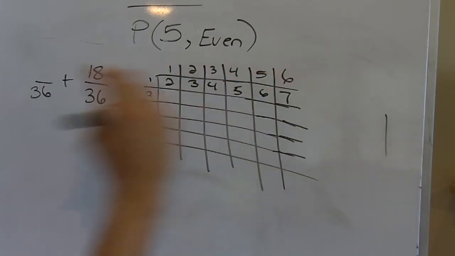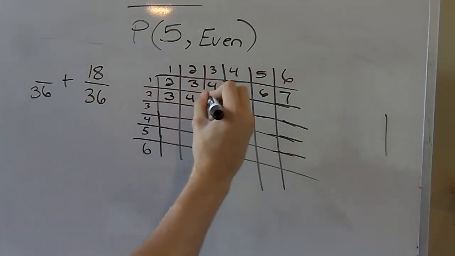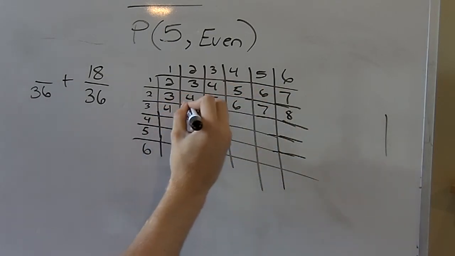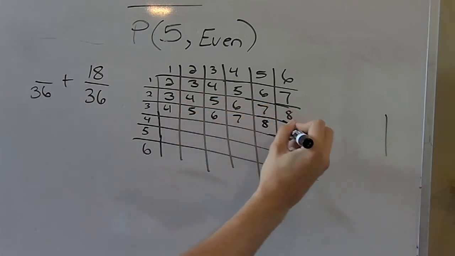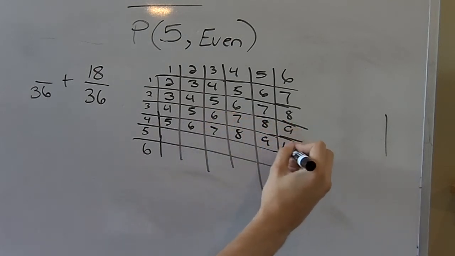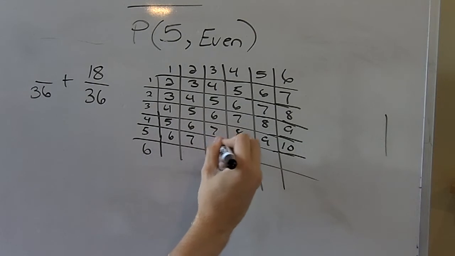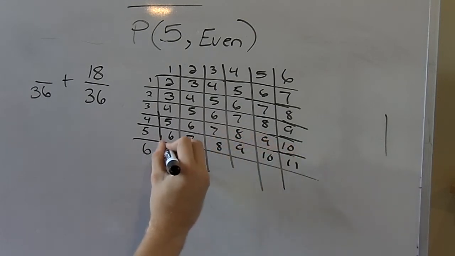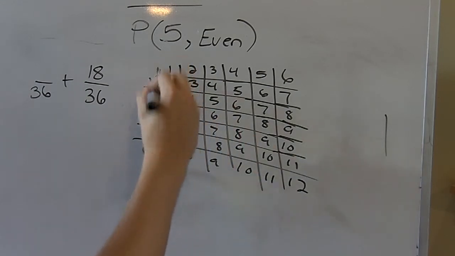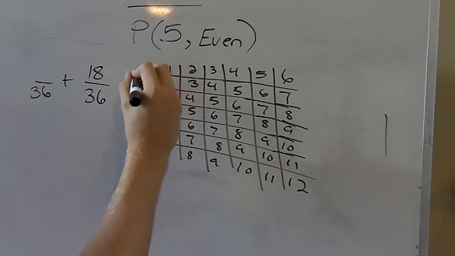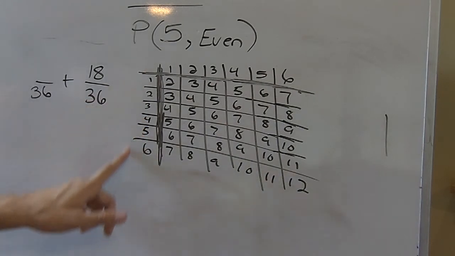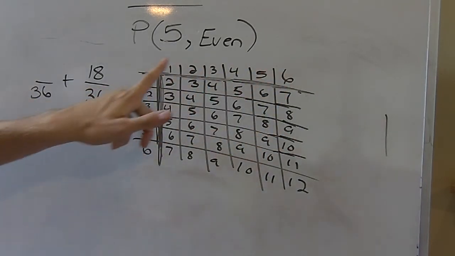You fill out the chart. You're going to start to notice a pattern. So what I'm doing here is I'm kind of bolding this line just to separate this vertical column and this horizontal column, because these numbers do not count.